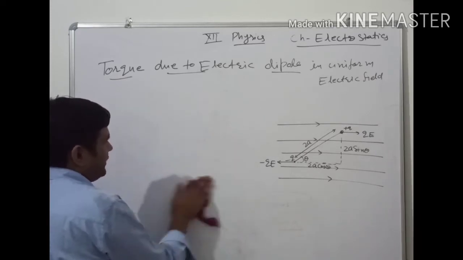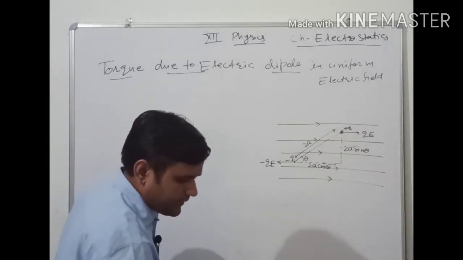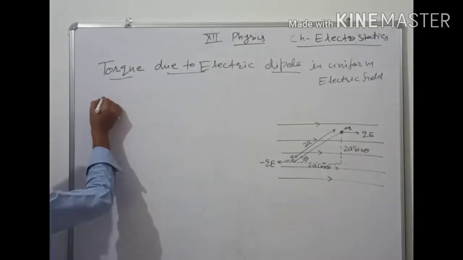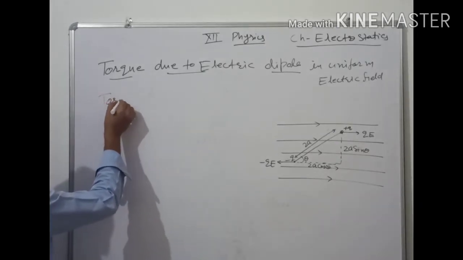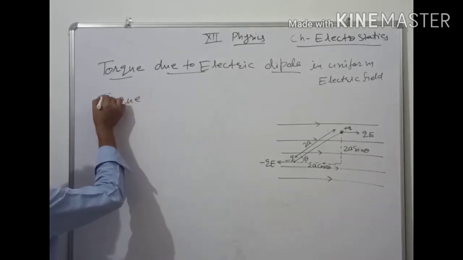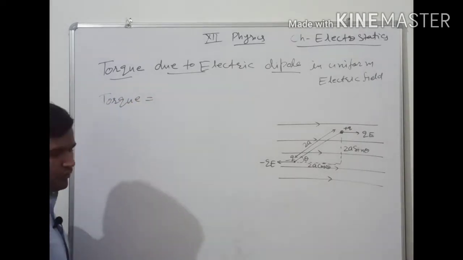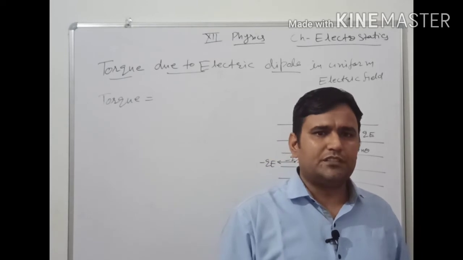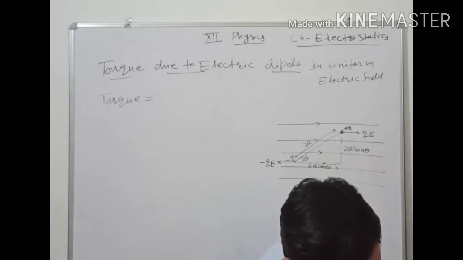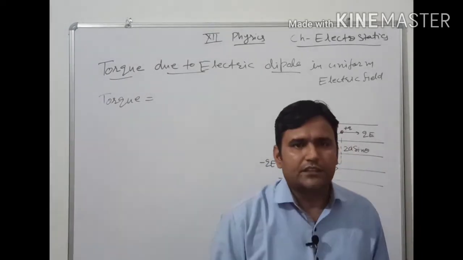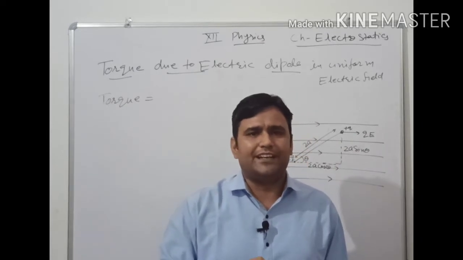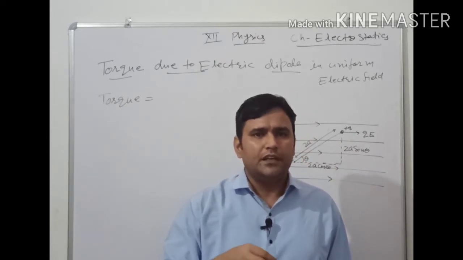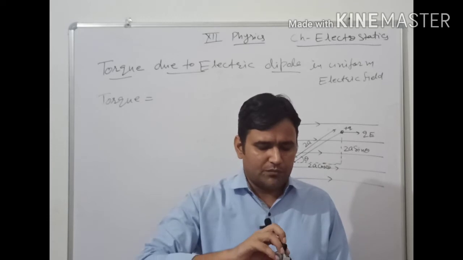The basic formula for the torque is force into perpendicular distance, because the force is applied in the direction perpendicular to that particular line.